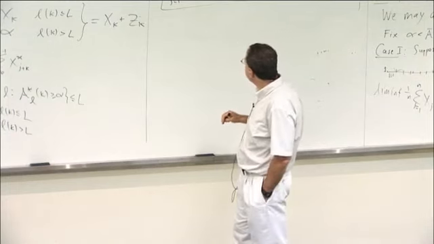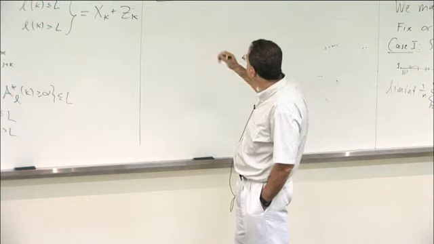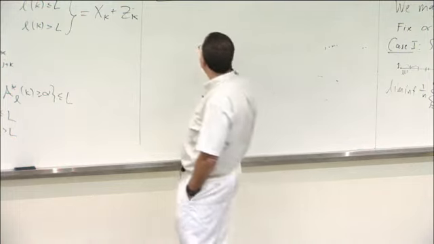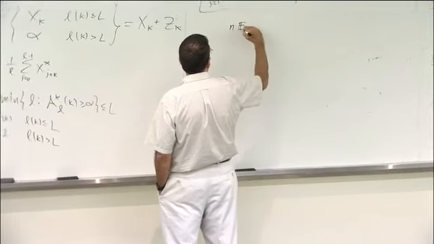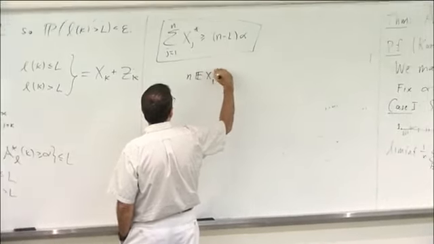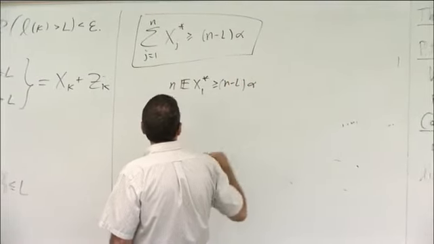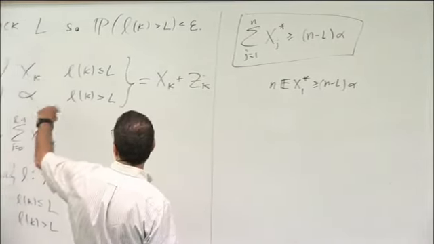So now, what we can do with this, several things. First, let's take expectations on both sides. We get that n times the expectation of x_1 star is greater than n minus L times alpha. And what can we say about this? Well, look at x_1 star.